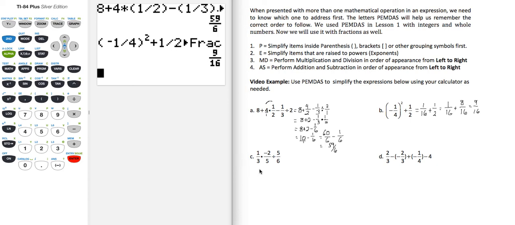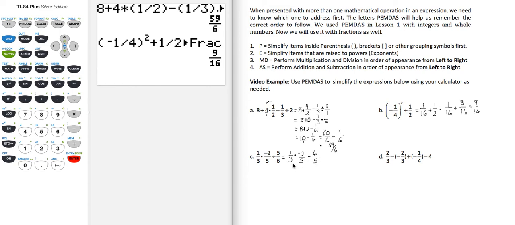In part C, we have 1/3 times -2/5 divided by 5/6. So we could go ahead and multiply because we need to do that first. But before we do that, we can actually convert that division at the end into multiplication, and then that might help us simplify a little bit. So I'm going to rewrite 1/3 times -2/5, and that's going to be times 6/5.